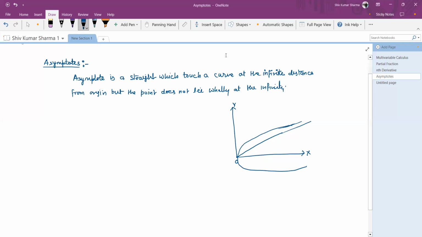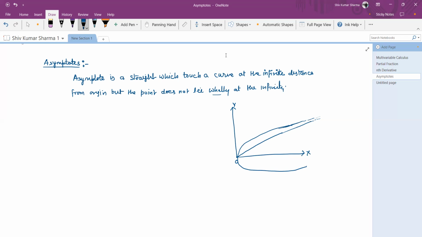Suppose the position of the curve tends to infinity, but when the curve touches this line, that point does not lie wholly at the infinity, meaning it will touch somewhere before infinity. So that line is said to be the asymptote line.